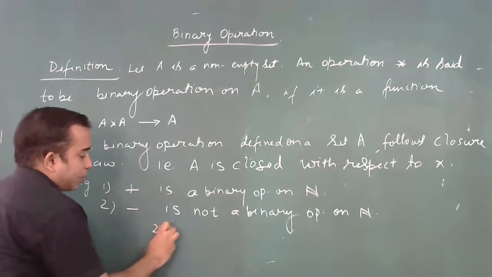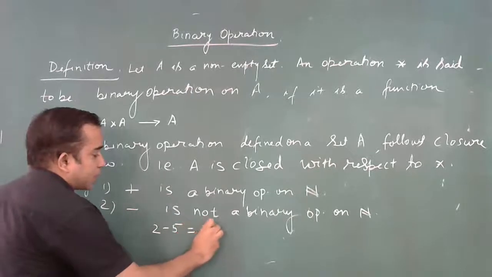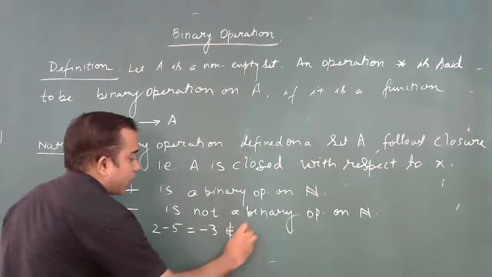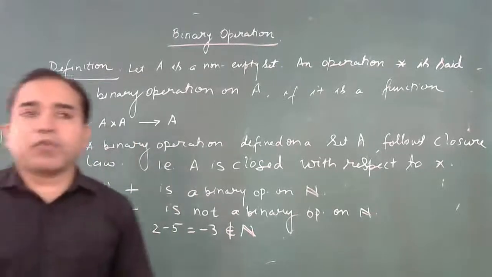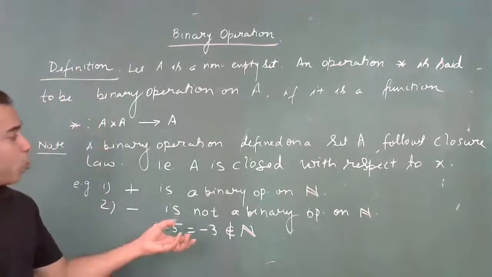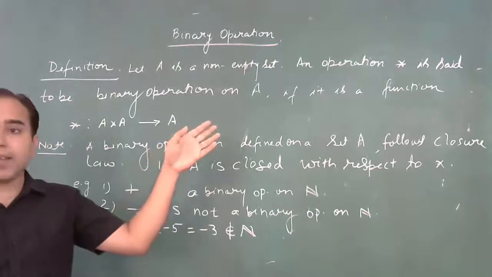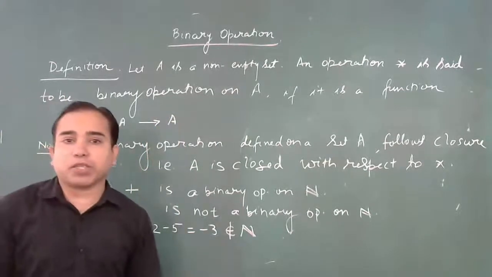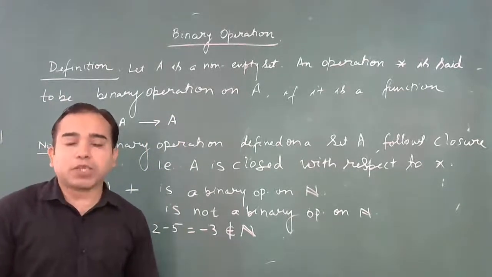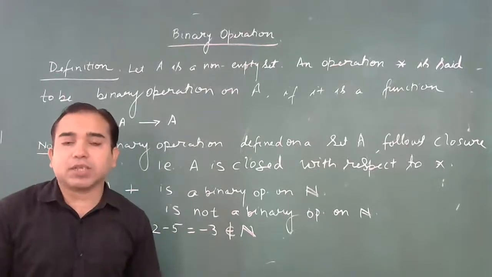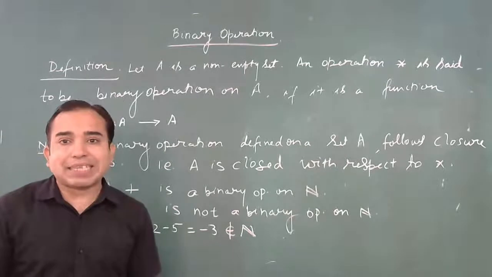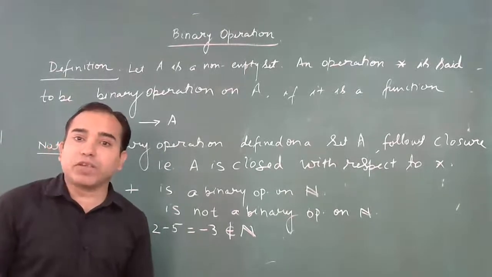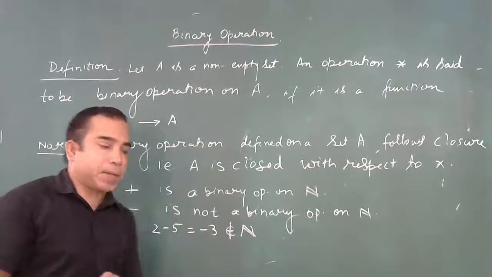If you do 2 minus 5, then you get minus 3, and this doesn't belong to N. So if the result goes outside set A, then that operation is not a binary operation. Binary operation means the final result should always lie within the parent set, the set on which the operation is defined.